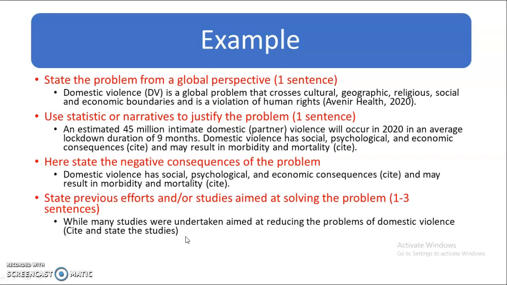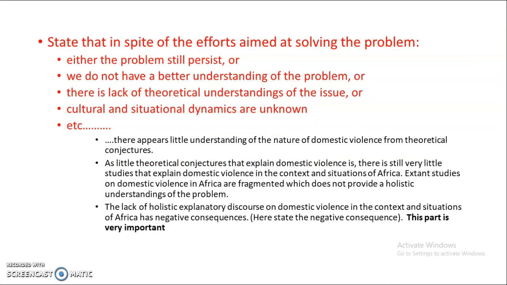Could it be that there is a lack of a proper theoretical underpinning, or could it be that it is not tackled in a proper context? All that gives you the gap to continue explaining whatever you want to explain.